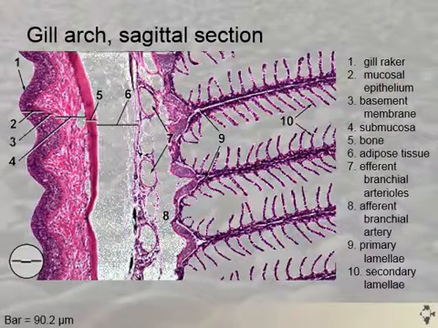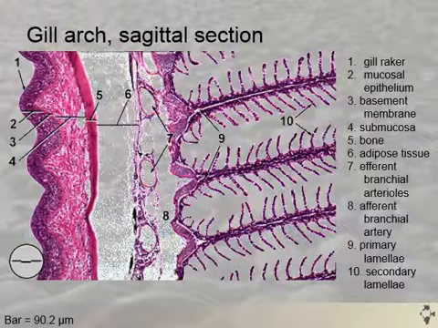There are a number of different cell types and tissue organization levels at the gill. That's illustrated here. You can see, first of all, there's the gill raker, number 1 there, shown on the left-hand side of the structure. The gill raker is covered with mucosal epithelium, so this is basically a modified skin-like structure. Then number 3 there refers to the basement membrane.